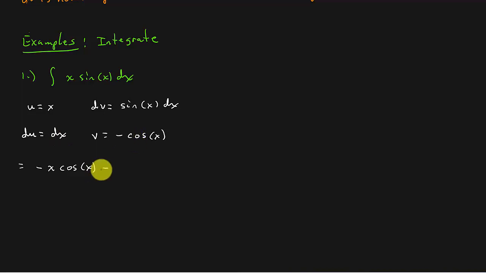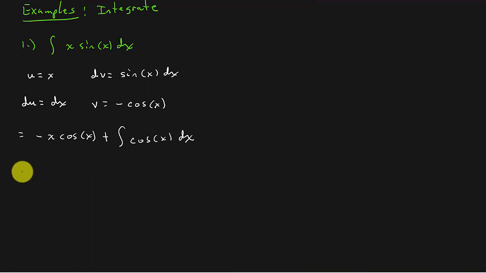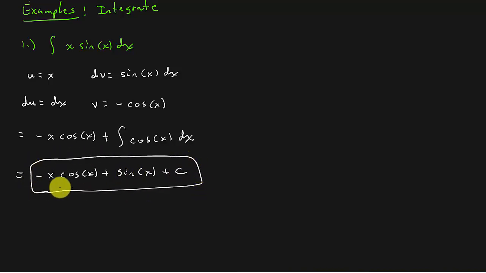Now the negative cosine is going to make this a positive in front, and then it's going to be cosine x dx. And so now we can integrate this easily. So that's negative x cosine x. And what's the antiderivative of cosine? Well, that's sine. And then of course, do not forget to put your plus c.